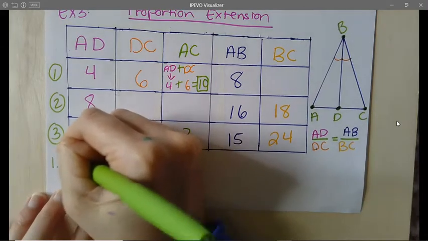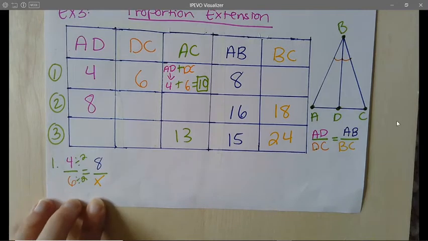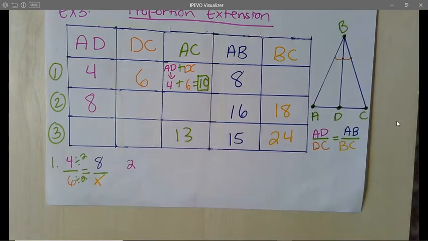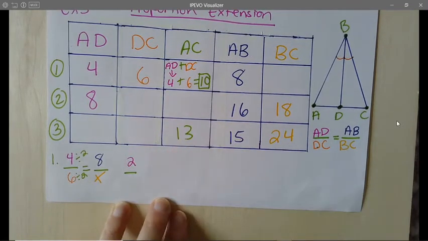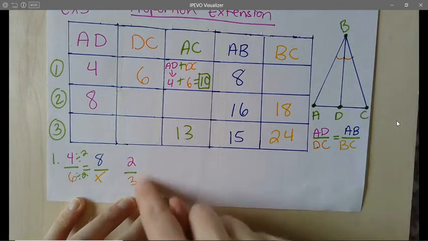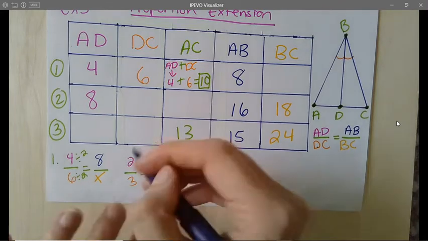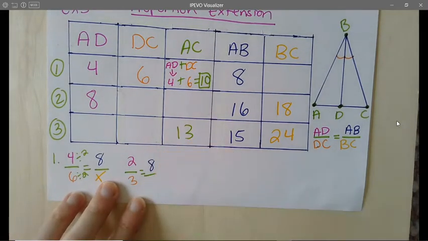So I'm going to divide each of these by 2 to reduce my fraction. 4 divided by 2 is now 2, and 6 divided by 2 is 3. So this fraction reduces down to 2/3. And since I now have smaller numbers, this will be much easier to solve. So this is 8 over x.